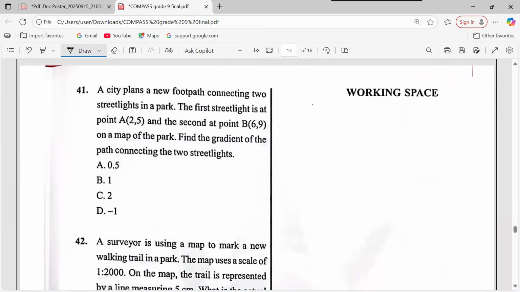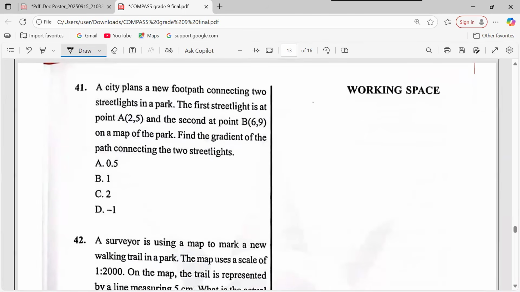At 41 now, a city plans a new footpath connecting two street lights in a park. The first street light is at point A, (2, 5), and the second is at point B, (6, 9).